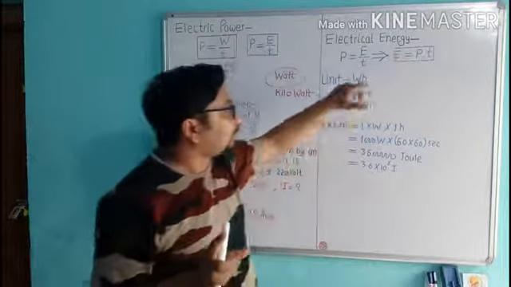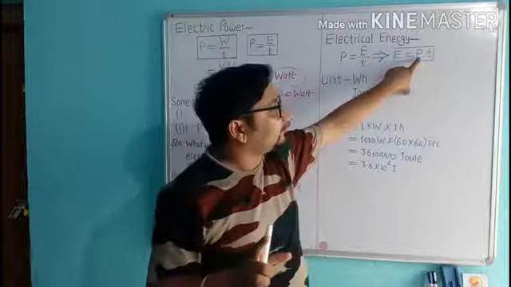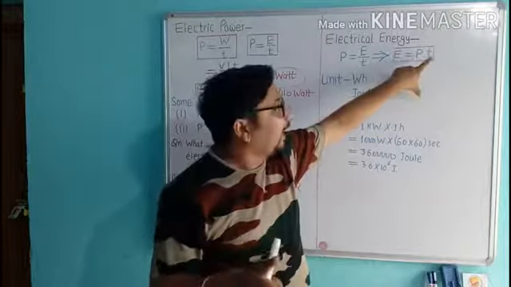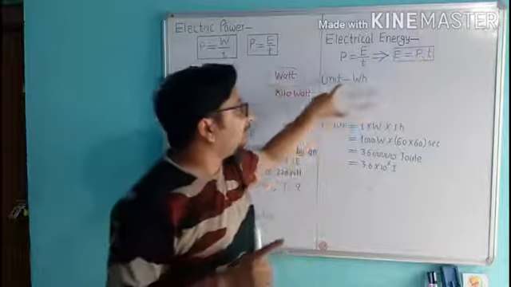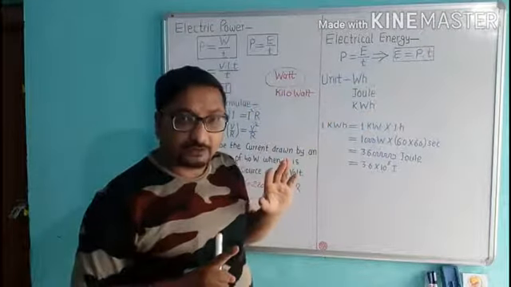If we measure electric power in watt and time in hour, then its unit will be watt hour.